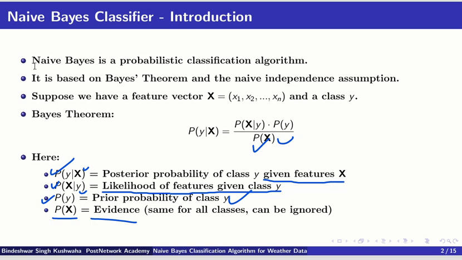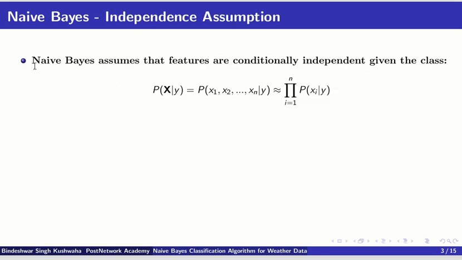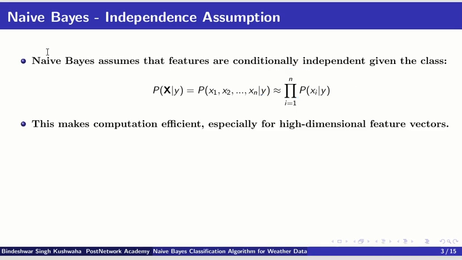Now, the Naive Bayes assumption is that features are conditionally independent given the class. So it can be written as P(x1, x2 given y), and that can be written as the product of all feature probabilities given y. This makes computation efficient, especially for high dimensional feature vectors.